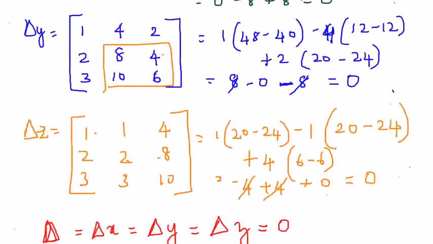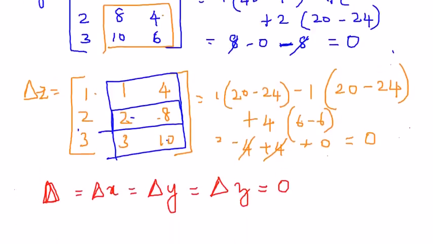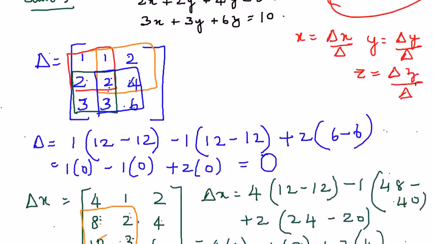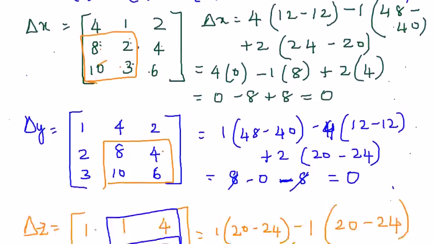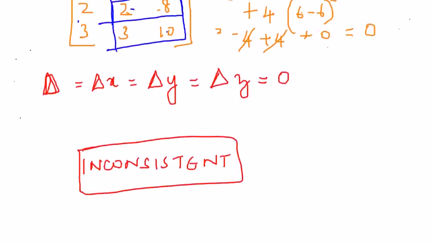Likewise in del z, if you take this one, 20 minus 24 is obviously not equal to 0. So in del, any 2 cross 2 minor matrix is 0, but in del x, del y and del z, some 2 cross 2 minor matrices are not 0. Therefore, the system is inconsistent and has no solution.